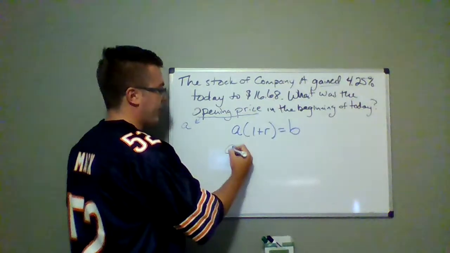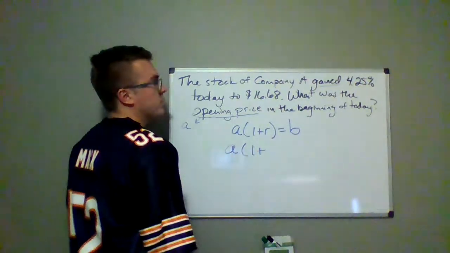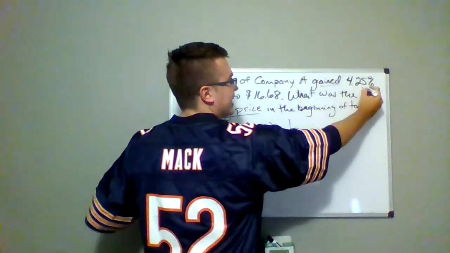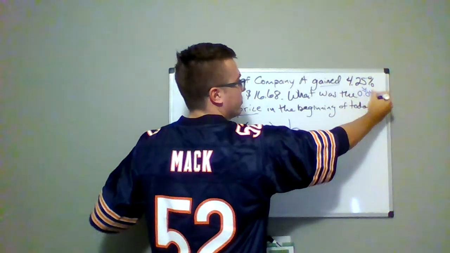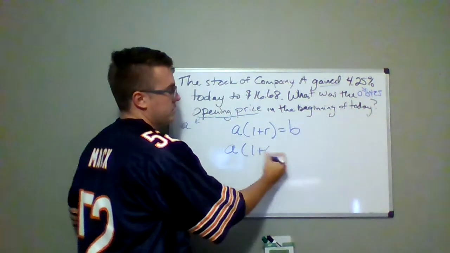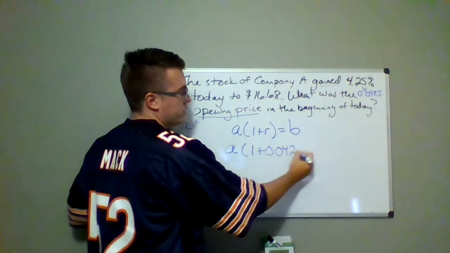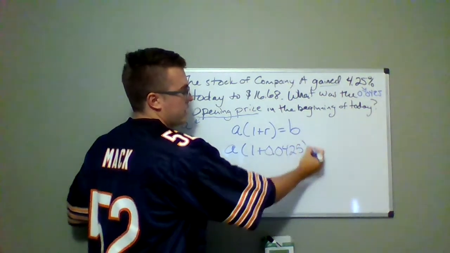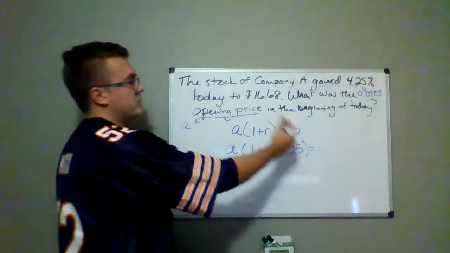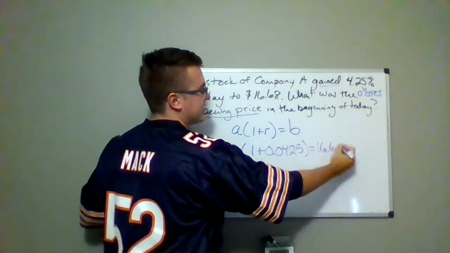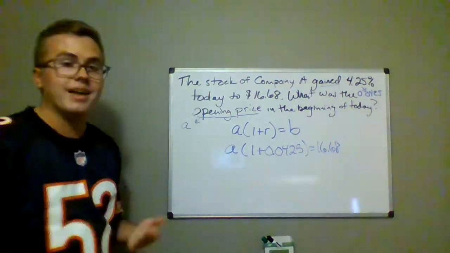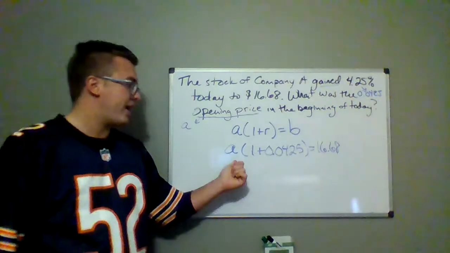So I'm going to leave A the same. 1 plus my rate as a decimal is 0.0425 equals, and our new amount is 16.68. Then I just need to solve for A.